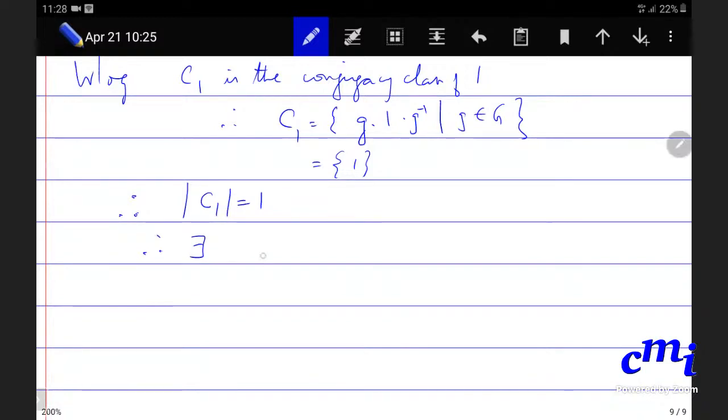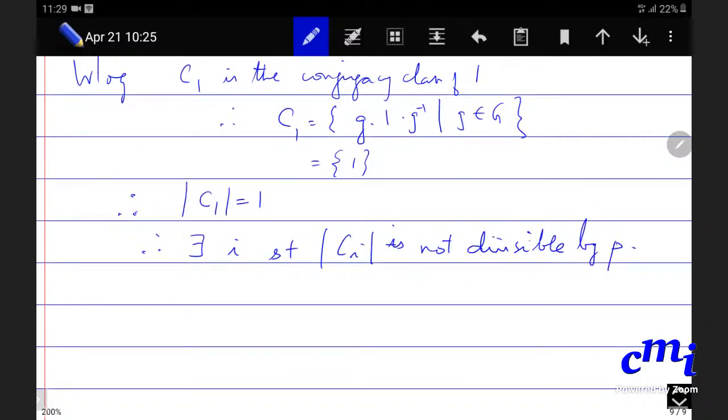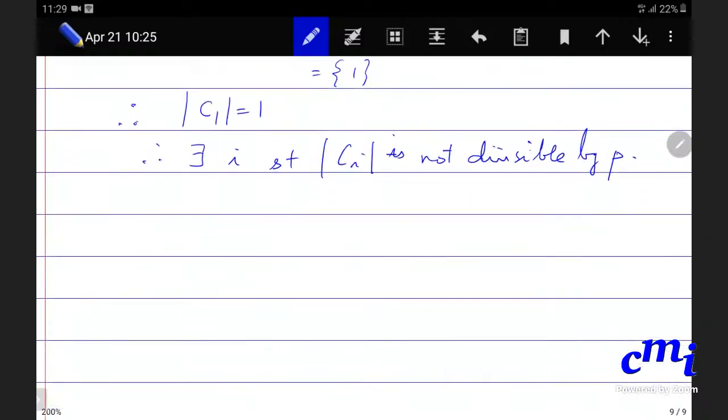Okay, right. So there exists i such that |Ci| is not divisible by P. Okay, but what are the options for |Ci|? Okay. Note that for each i, this thing divides the order of G. It is a conjugacy class, so it's an orbit.